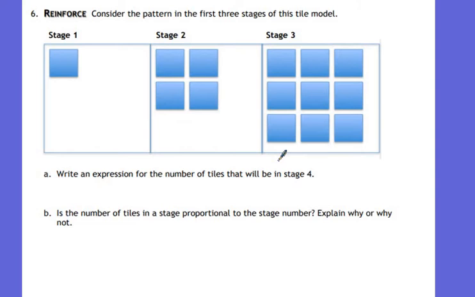So again, we're writing some sort of expression. Well, stage 4, I noticed it's 1 wide, 2 wide, 3 wide, so this one's gonna have to be 4 wide by 4 long. So if I filled in all my tiles here, that's what stage 4 would look like.